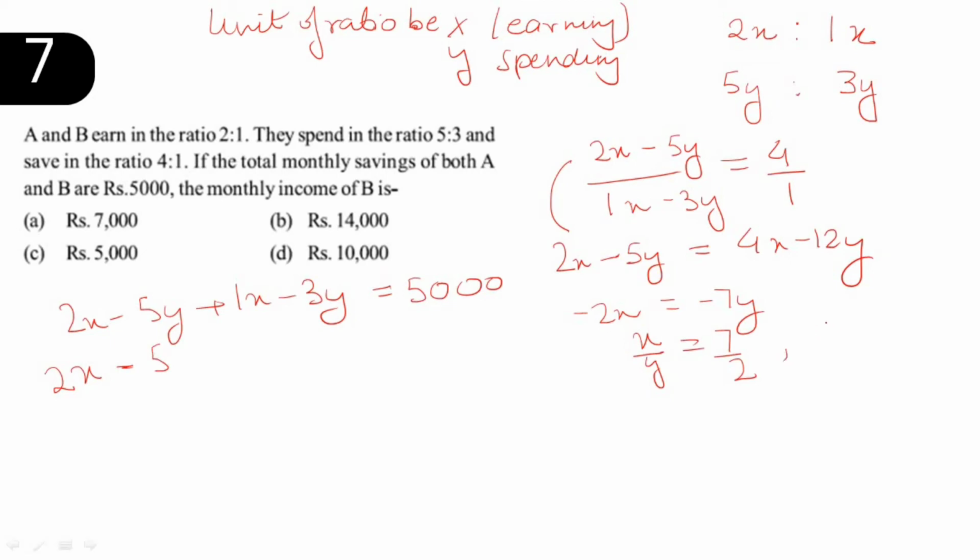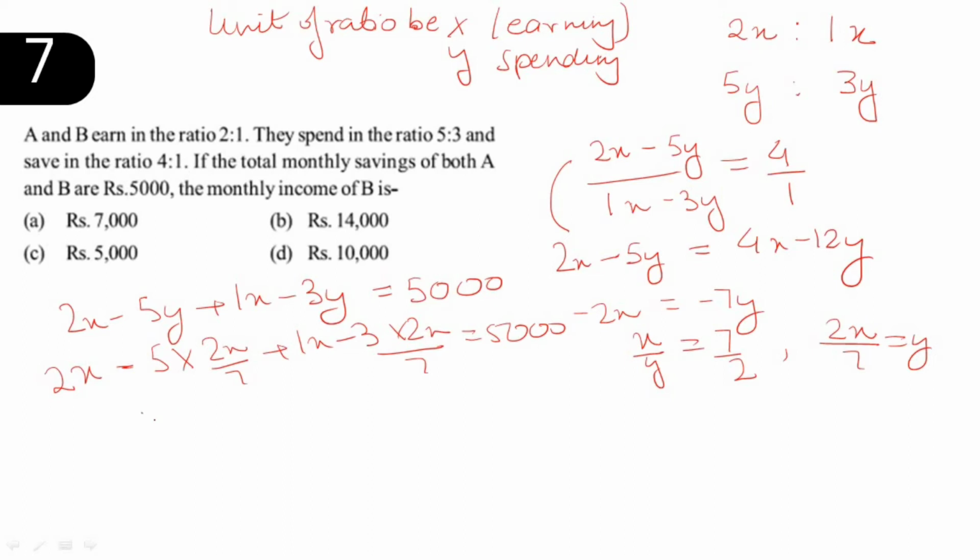We can calculate the value of y from here. It will come 2x by 7 is equal to y, and we can put the value just here. It will be 2x upon 7 plus 1x minus 3 into 2x upon 7 is equal to 5000.